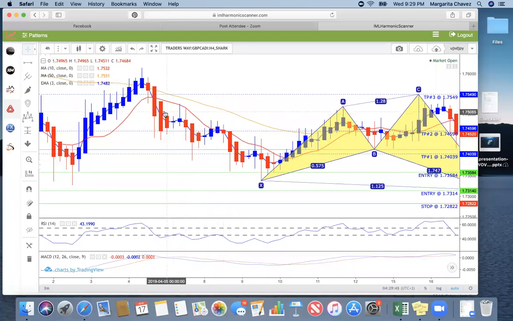So let me tell you, if I didn't know about this orange line, I would be like, oh, these crossed. There's a huge red candle. So I'm going to go into the sell. And then I would go in and I'm like, oh, wait, these are going to cross. So I'm going to get out. I see these blue. I'm going to get out. But no, you don't have to get out because this is still above.